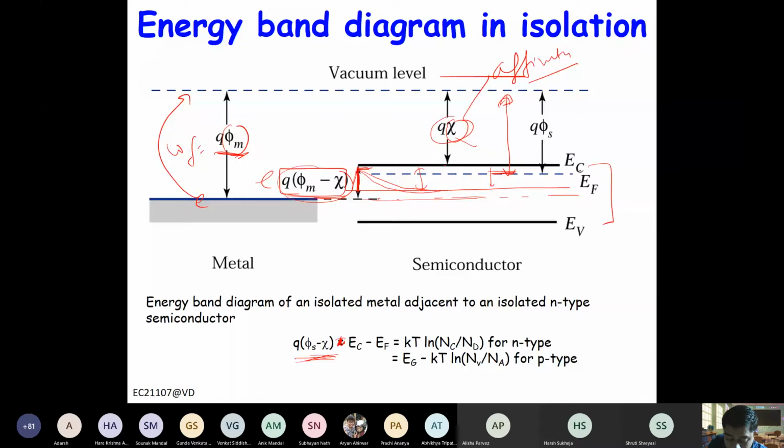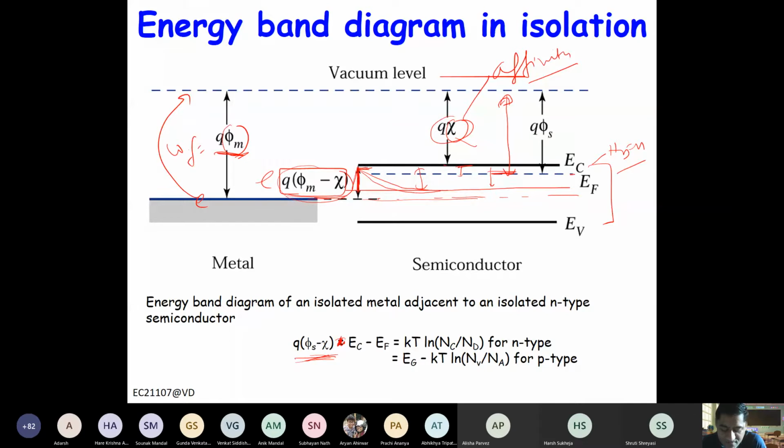So phi s is the gap between the Fermi level and the bottom of the conduction band. So that will of course depend on the carrier concentration. And because electron carrier concentration is same as doping, right? So you can write this expression.